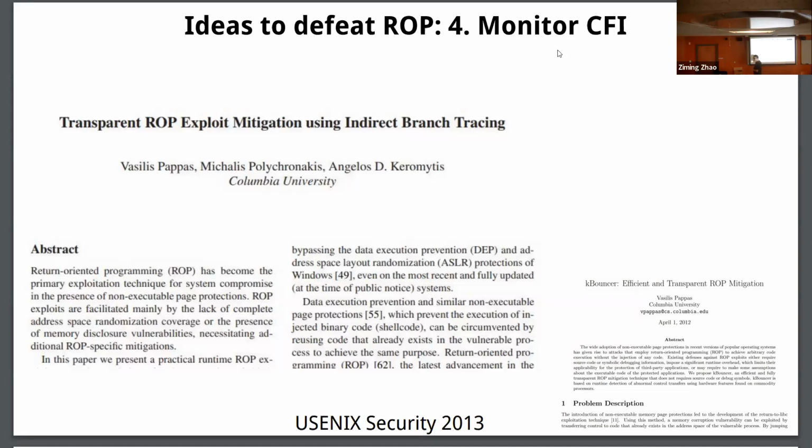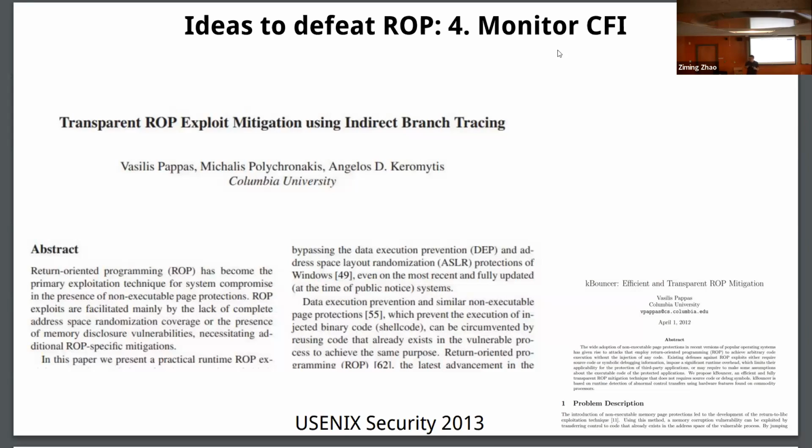This one was published in USENIX also 10 years ago. It's just to monitor that. Also, modern CPUs offer something like a tracer. We actually used a tracer for one of our projects for CFI. That tracer will tell us the last 200 or 300 instructions the CPU has executed.